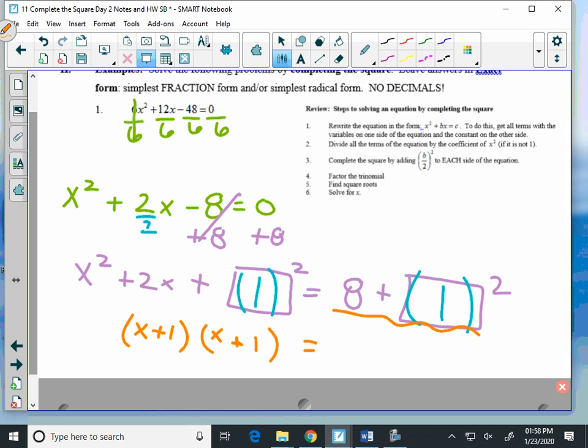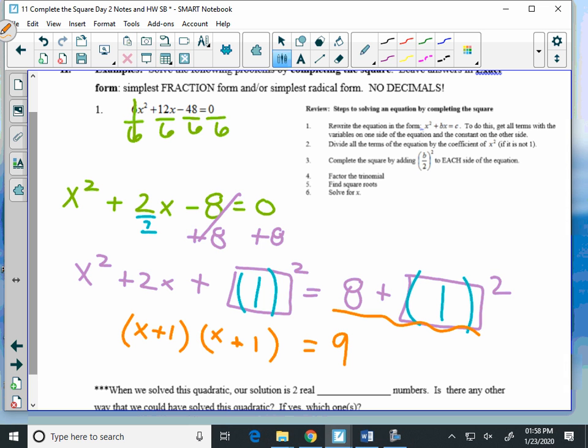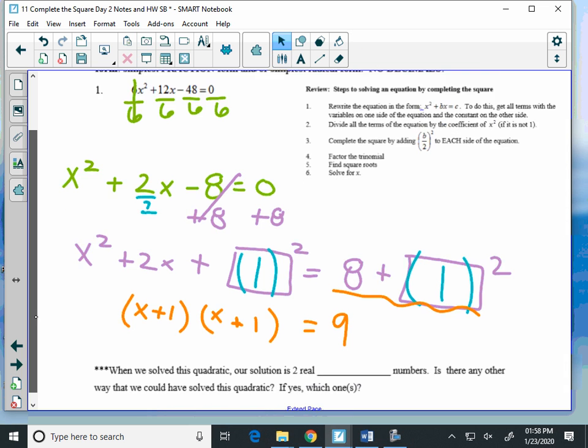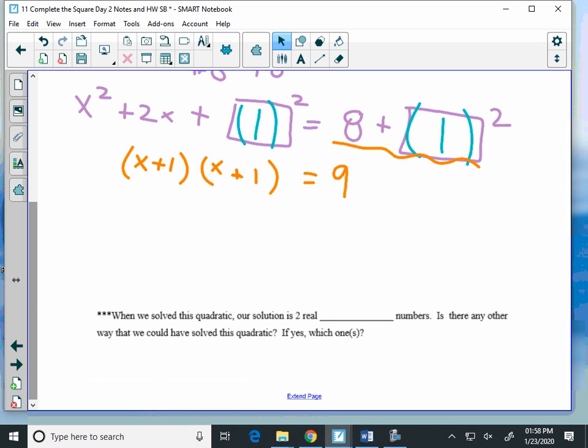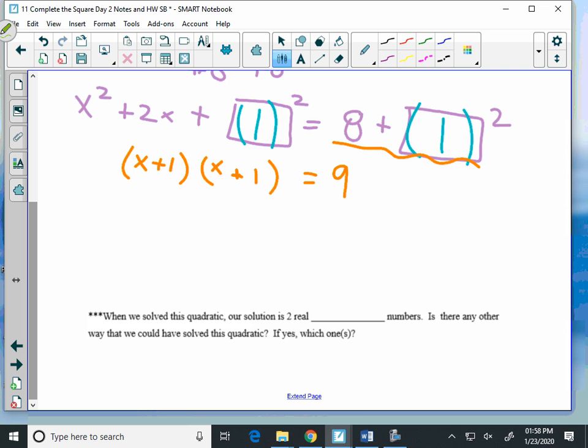And then what do we get when we do 8 plus 1 squared? 9. How am I going to rewrite x plus 1 times x plus 1? Equals 9.